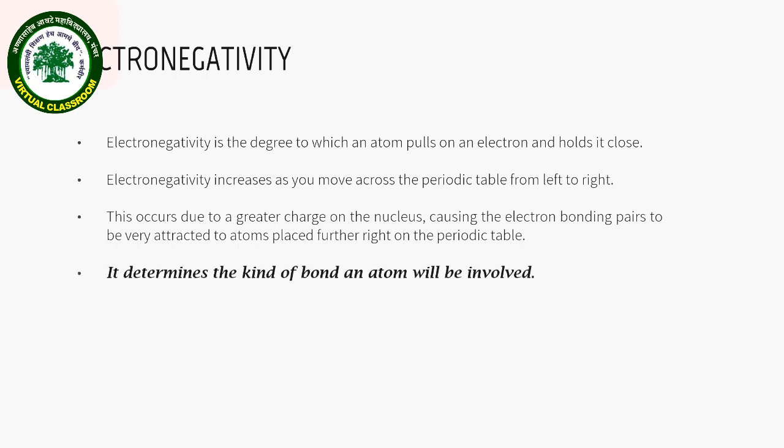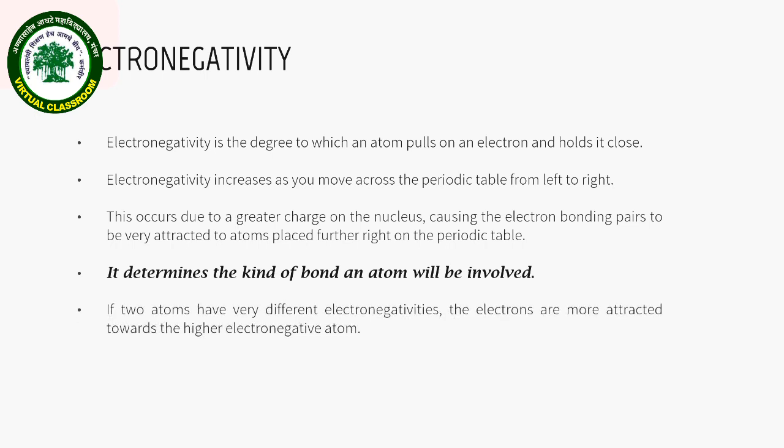Hence, it determines the kind of bond an atom will be involved with. If two atoms have very different electronegativities, the electrons are more attracted towards the more electronegative atom, while if the two atoms have similar electronegativities, the electrons are equally shared between the atoms.